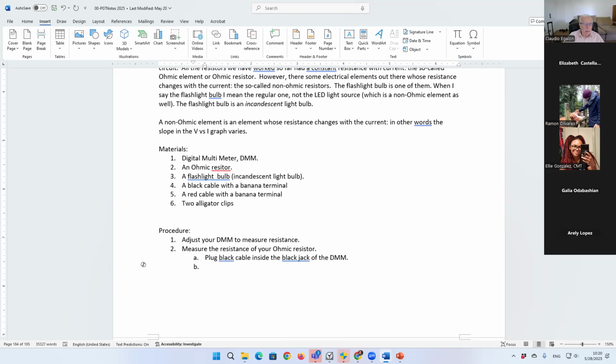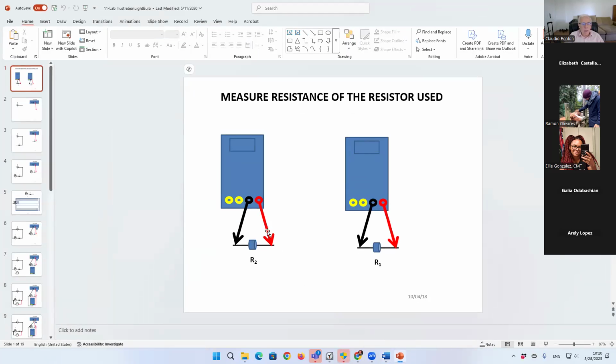Plug the red cable inside the red jack of the DMM. Here you go. Red cable plugged in the red jack, black cable plugged in the black jack. Okay.